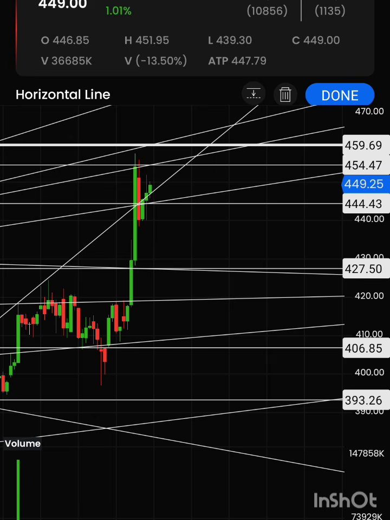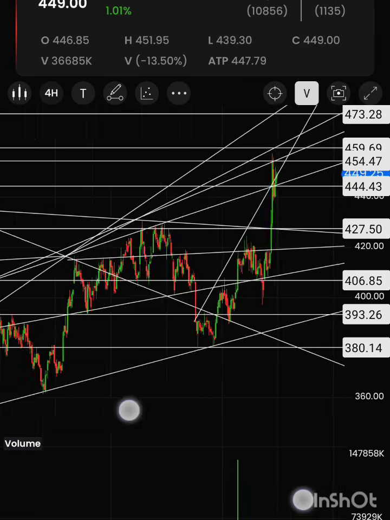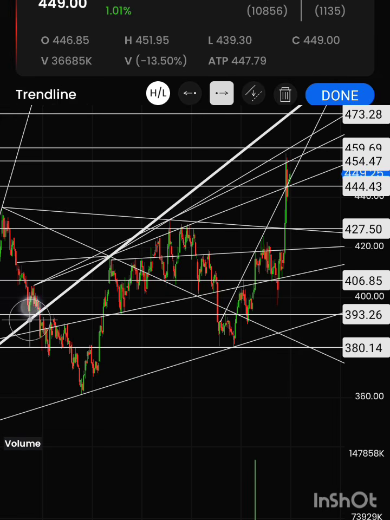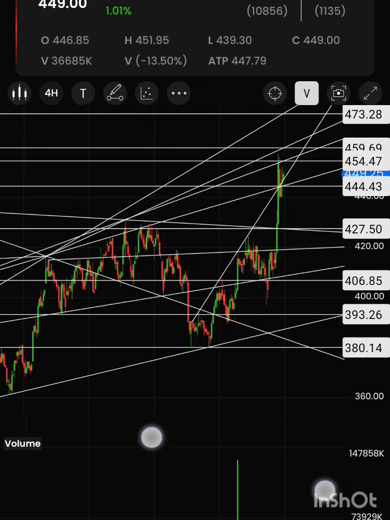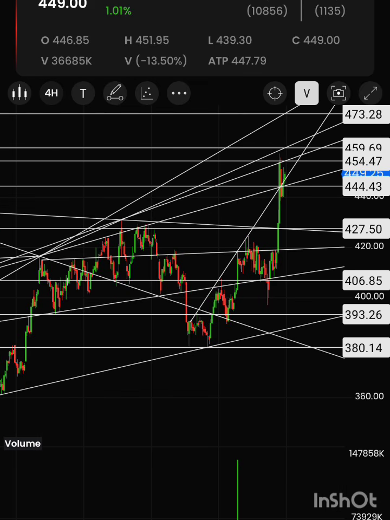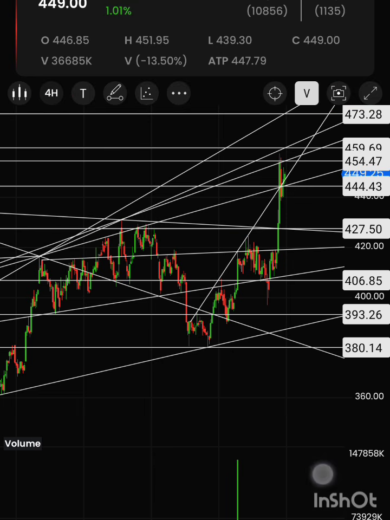Above this, the 459 range, then 463, then mostly this will lead towards the 473 range. So these are the levels for BEL you can expect for tomorrow or in the coming days as well. And the support is 444 on a closing basis.